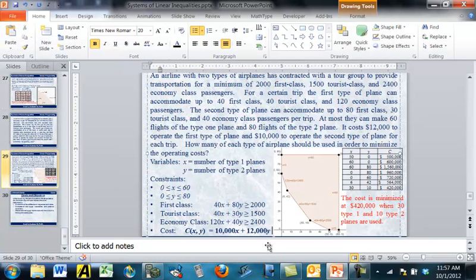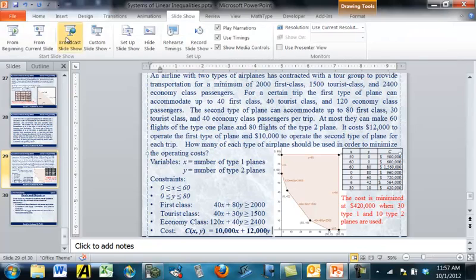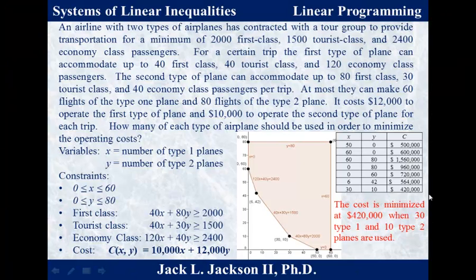Okay, and so that's it. Now the worst case they could do is do 60 of the first plane and 80 of the second plane. That's right out here, so that would be the worst. In fact, the further they get out here away from the origin, the worse the scenario is.